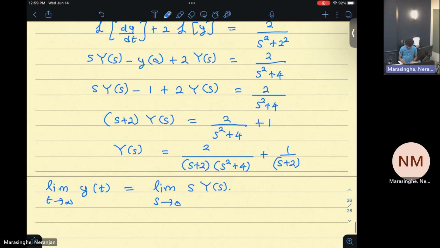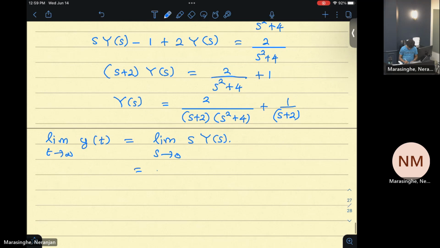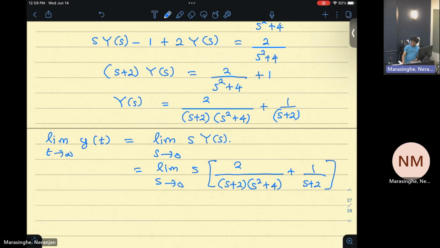Now we would plug s equals 0 into s times Y(s), where Y(s) is 2 divided by (s plus 2)(s square plus 4), plus 1 divided by s plus 2. What can you say about your final answer? 0, right? Because if you multiply by s and you plug in 0, you would get 0. Right.